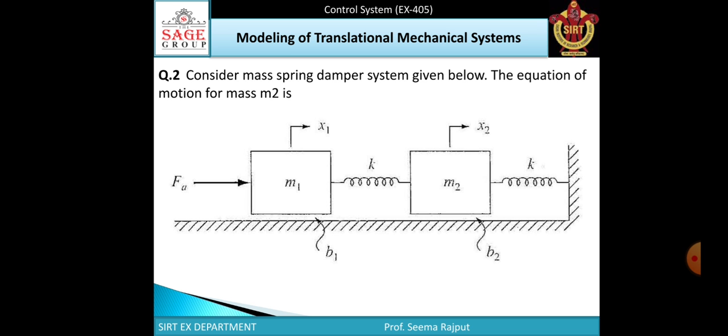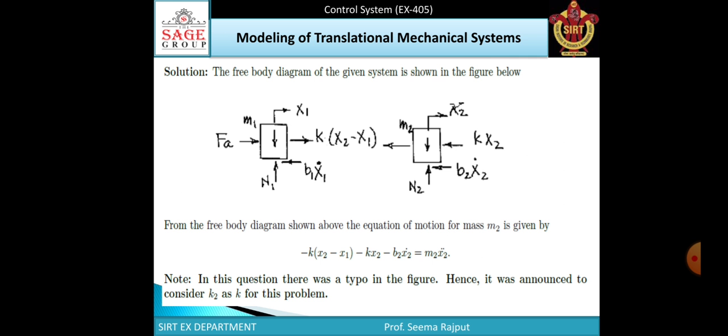So 0 equals M2 d²x2/dt² plus K(x2 minus x1) plus K x2 plus B dx2/dt. Solve this equation in this form. That is the solution of modeling of this system.